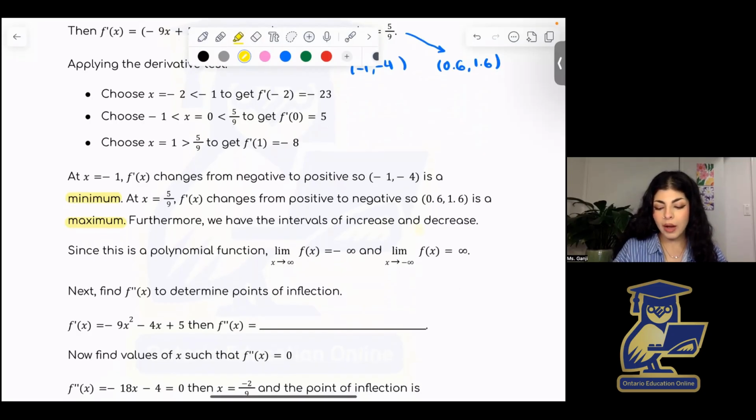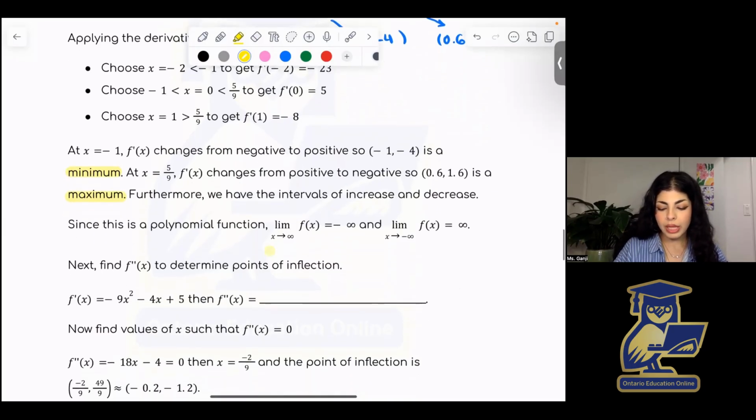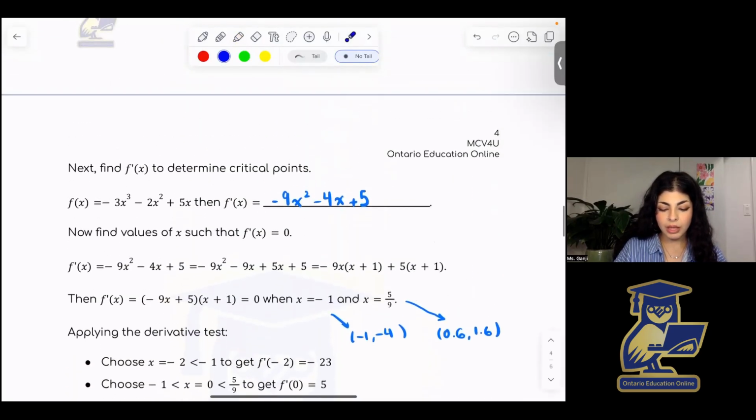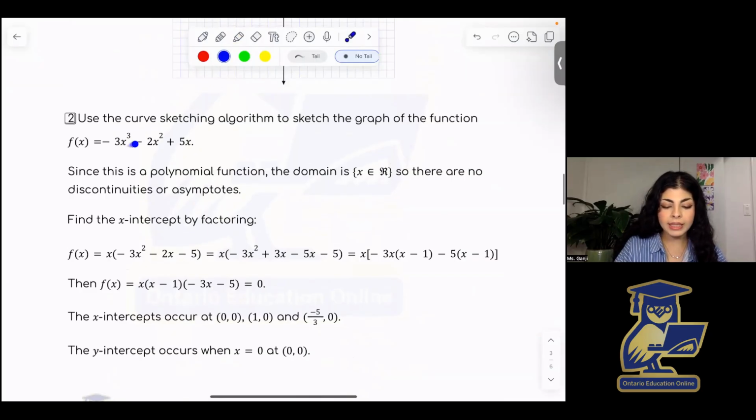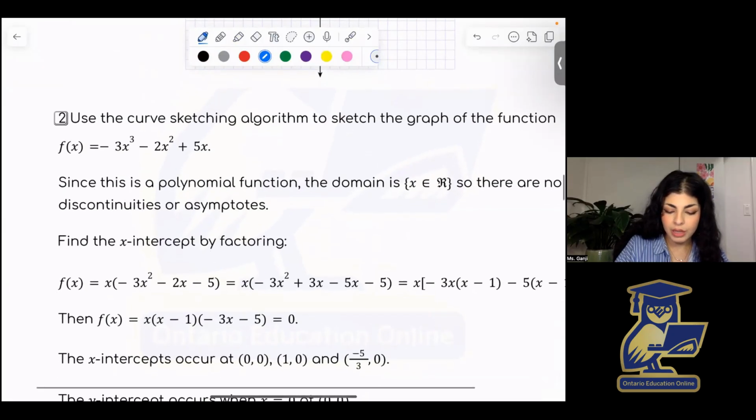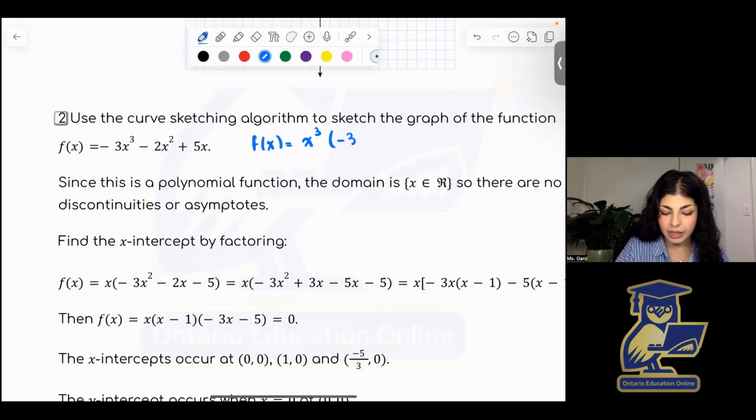Furthermore, we also have our intervals of increase and decrease based on this information. Now, since this is a polynomial function, we also know the behavior as x is approaching infinity, and we can clearly see from the function here. So as these x values are increasing, or you could even, just to show you what we did in our lesson, if I factor out x cubed here, then I have x cubed times (-3 minus 2/x plus 5/x squared).